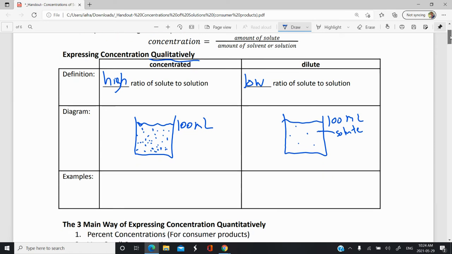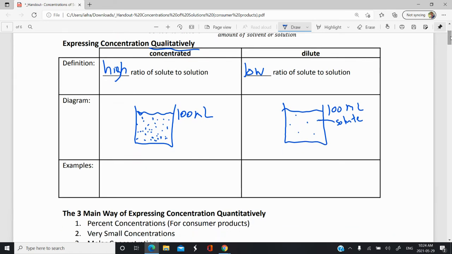That works as well. And then we saw some numerical examples. There are different units, and it may not make much sense to you right now, but for example, you might have a concentration of 14 moles per liter, which basically means you have 14 moles of solute per liter of solution. That would be concentrated compared to 0.14 moles per liter of solution, which is more dilute.